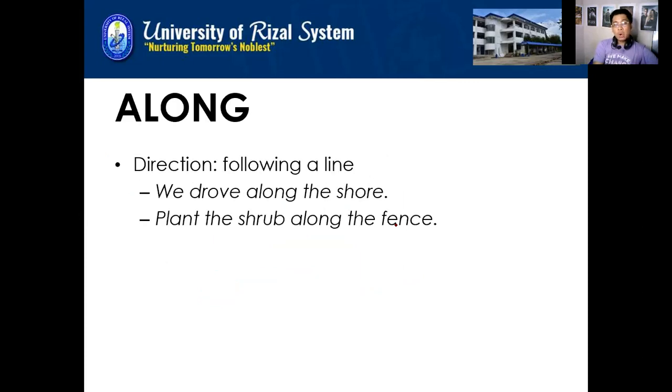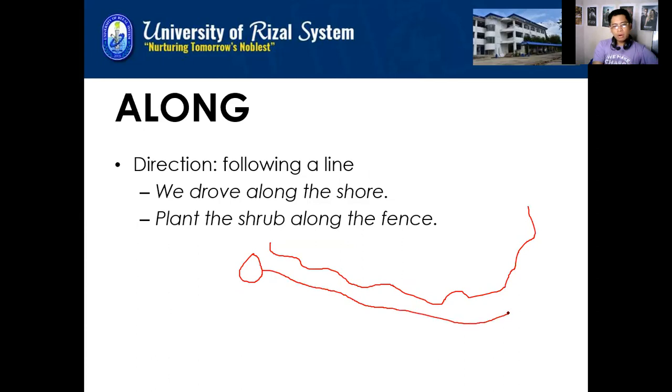Then we have along, following a line. We drove along the shore. We planted the shrub along the fence. Let's say, for example, this is the shore, and then here you are. You drive along the shore. It seems like you're following a certain line. So you drove along the shore.